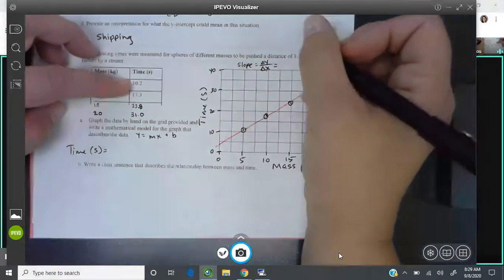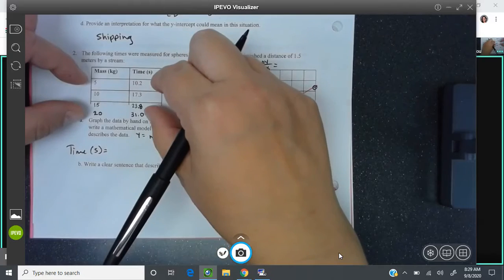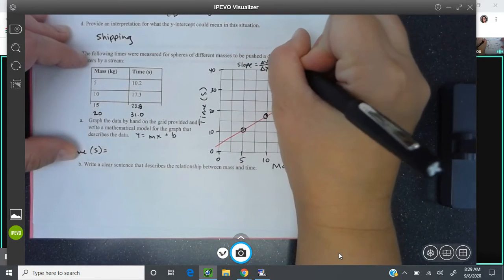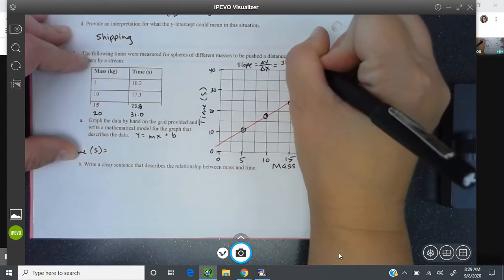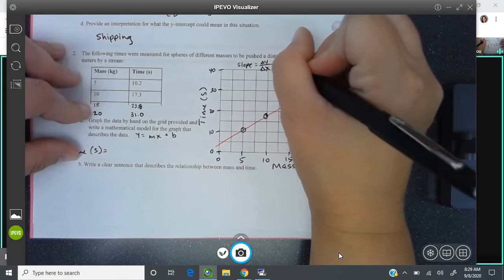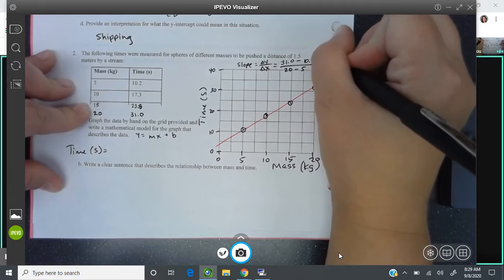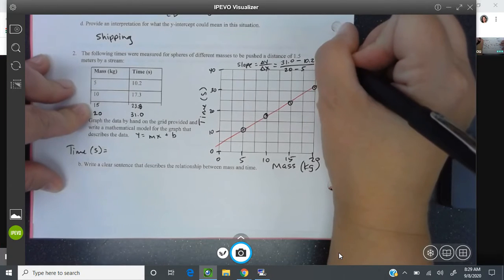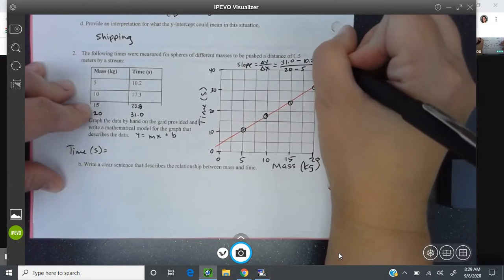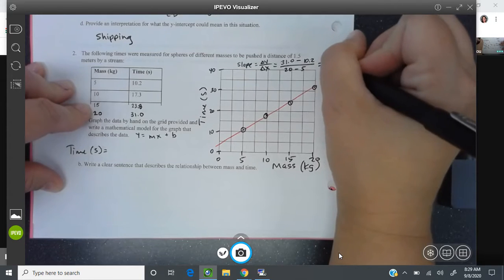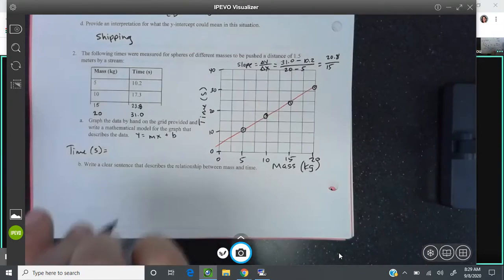On the y side, if I use the two furthest data points, we have 31.0 minus 10.2, divided by 20 minus 5. So this is going to give me 20.8 divided by 15.